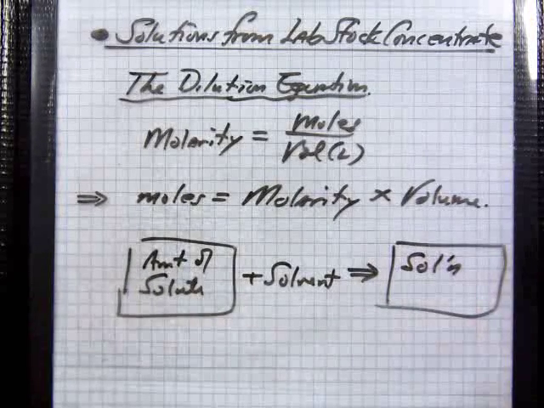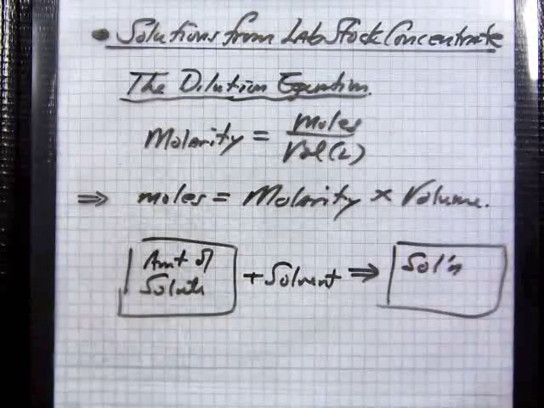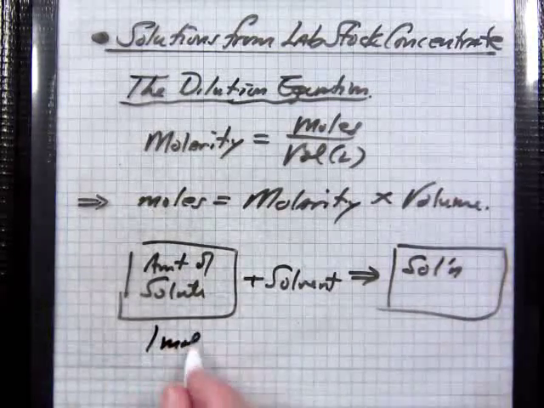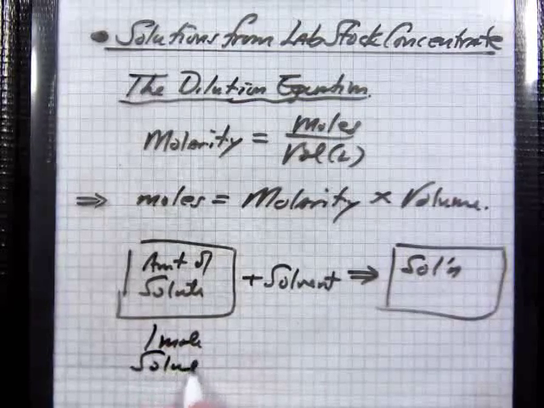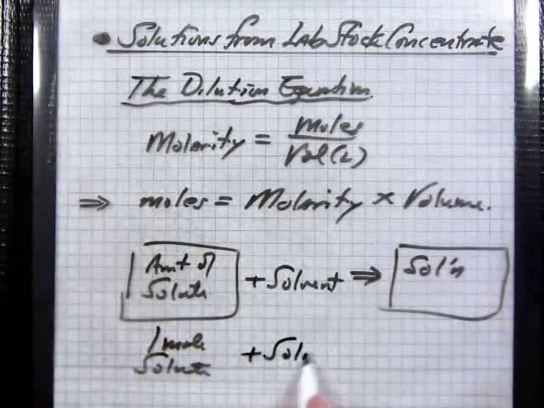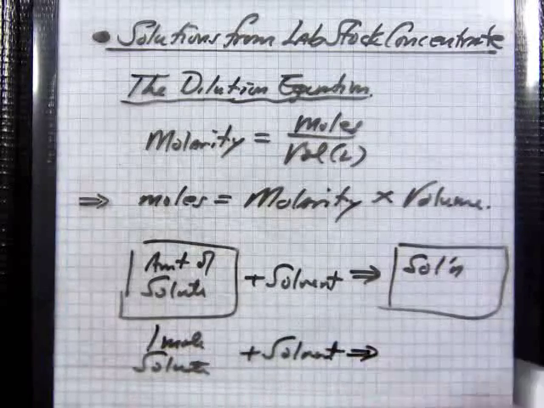Now, one thing I want you to understand in this is that, say you had 1 mole of solute over here. You start with 1 mole, and then you add solvent on top, and you get your solution.